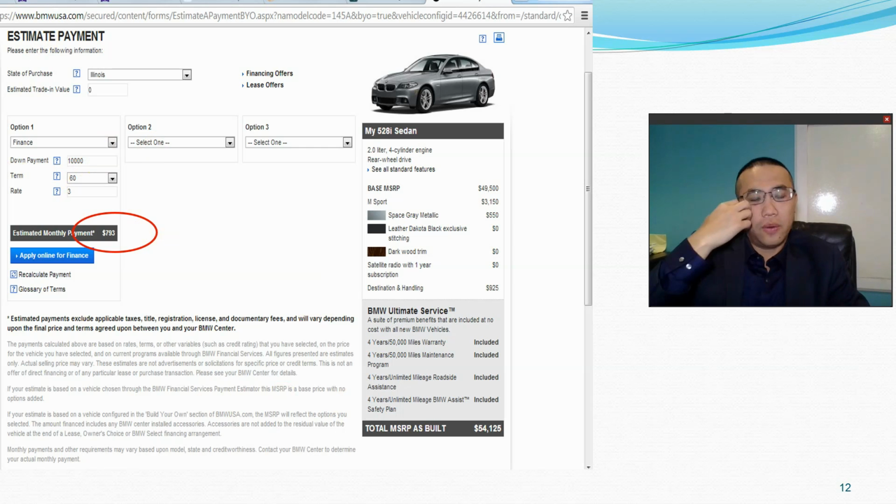And then you have 5 years to pay it back. So that's 60 months in total to pay back your loan. The rate is 3% each year. Okay, that's very important. The rate is on an annual basis, it's not on a monthly basis. And I want you to verify this monthly payment of $793.